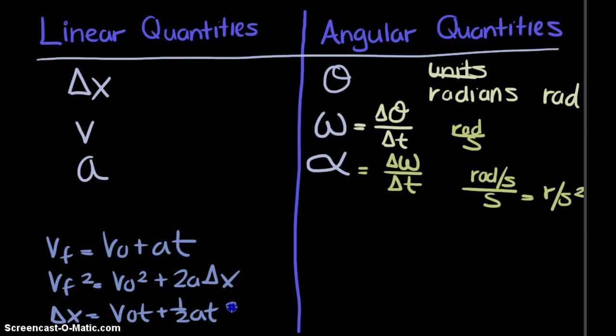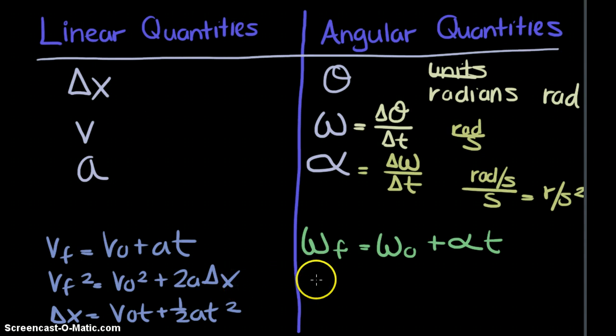Can we rewrite these using the angular quantities? Yeah, we definitely can. So we would have angular velocity here equal to the angular velocity initial, plus instead of at, we'll have our angular acceleration times time.